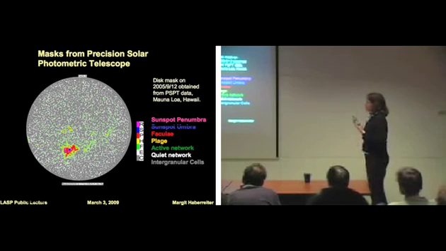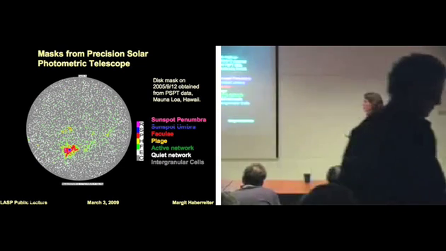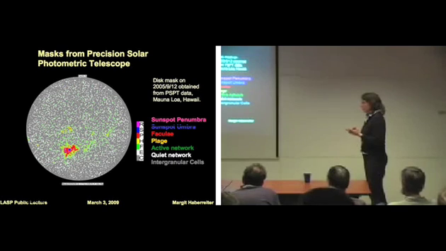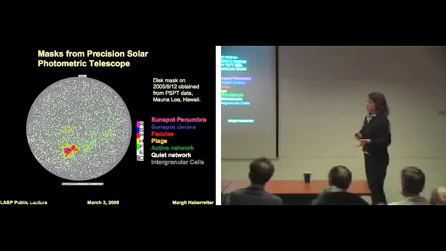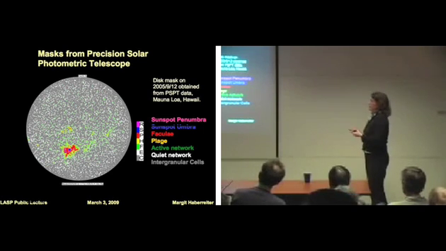In the solar group, we try to reproduce the spectral variability and to understand what are the best means to describe it. To do that, we take measurements taken with a precision solar photometric telescope in the calcium line I've shown you earlier, and also in other wavelength ranges.